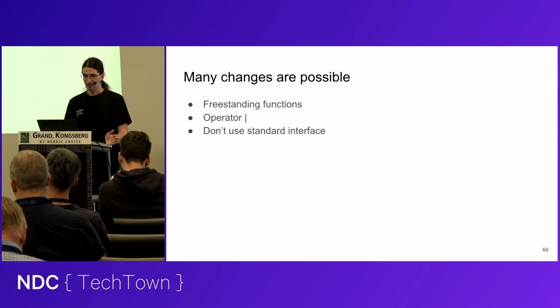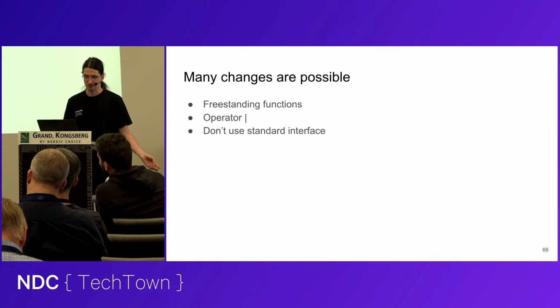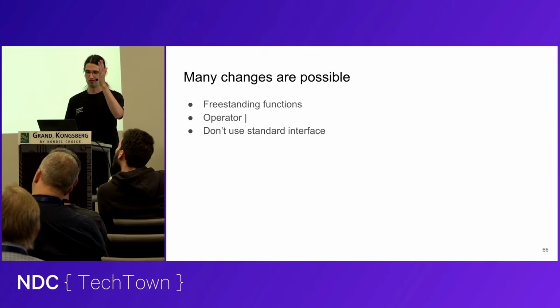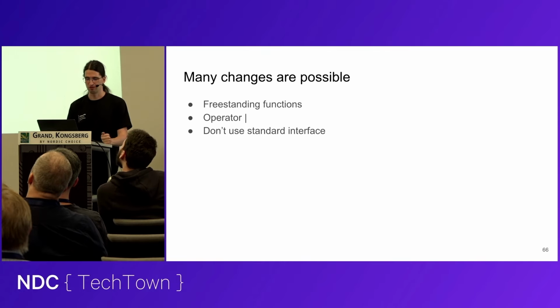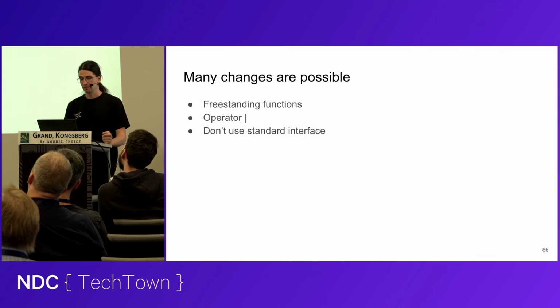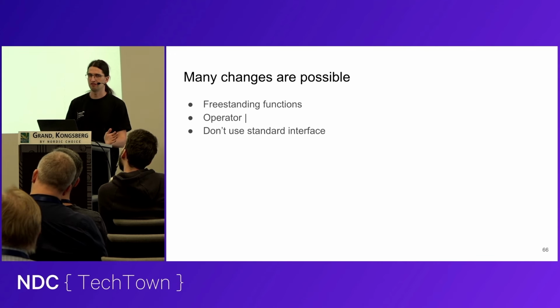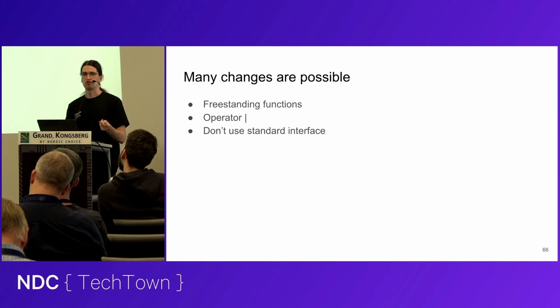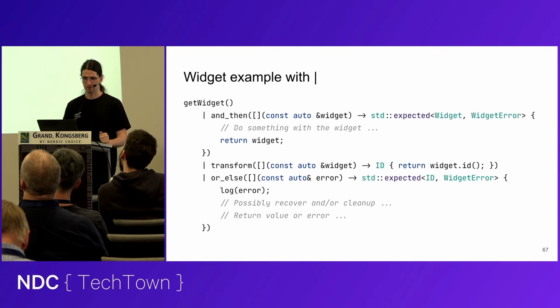So we can actually do a lot of changes, if not all changes I said, with simply a freestanding function or the piping operator, or we can choose another one. And don't really use the standard interface. Technically, it's nearly std::variant of value and error with some fluent interface. I would call it this way.